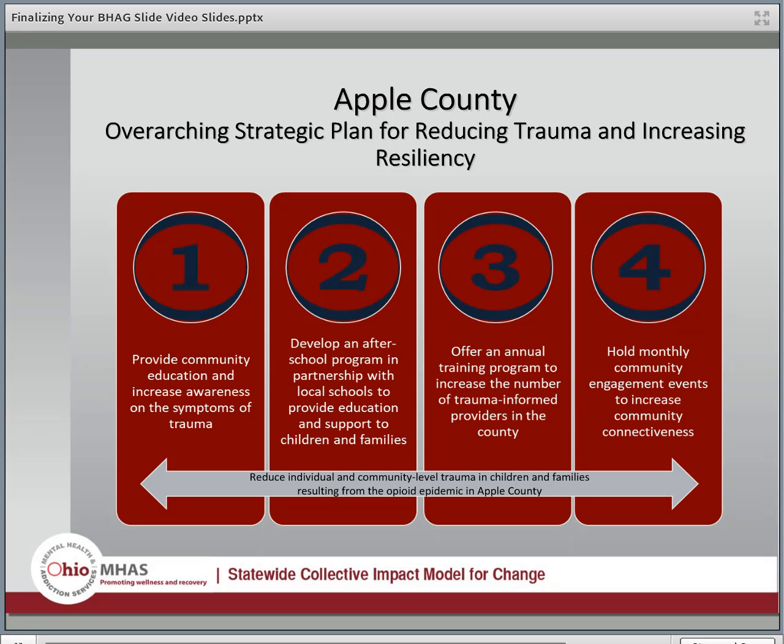When reviewing and finalizing your BHAG slide, ensure that your slide does not read like a to-do list, as seen here. If you look at your slide and simply check off the boxes as action steps, then you are not framing your BHAG into the essential components to address or giving it the structure necessary for meaningful change.